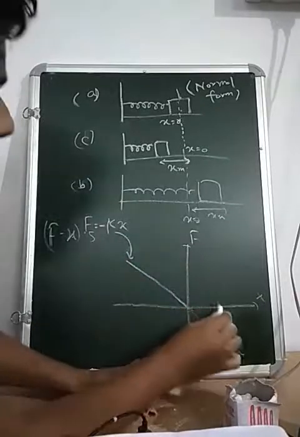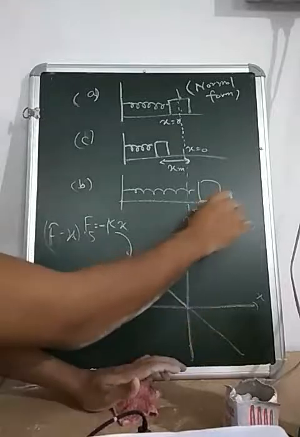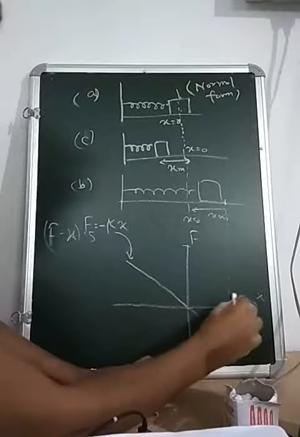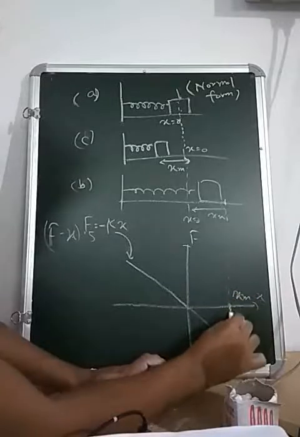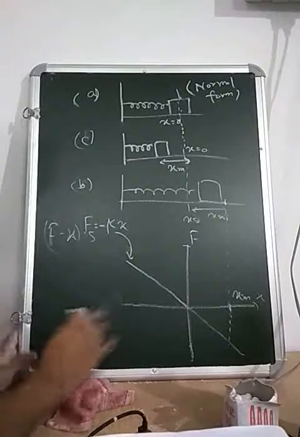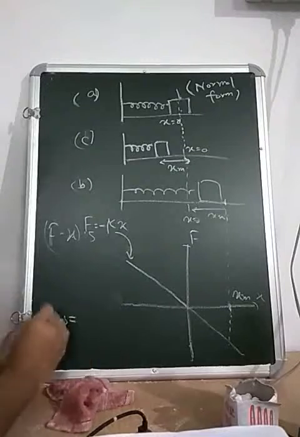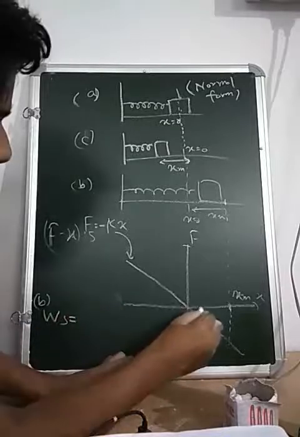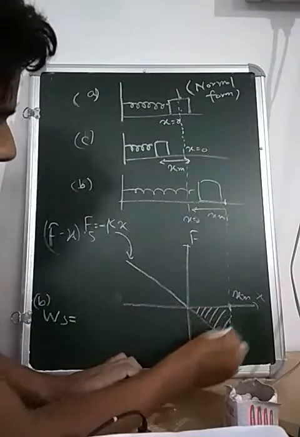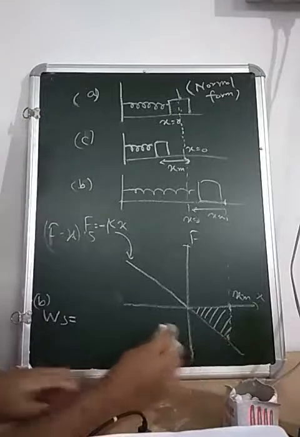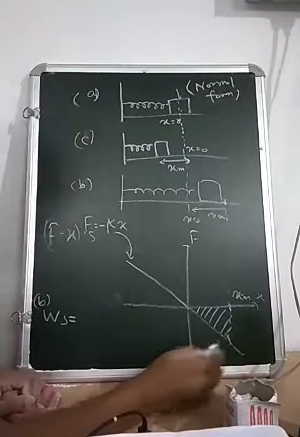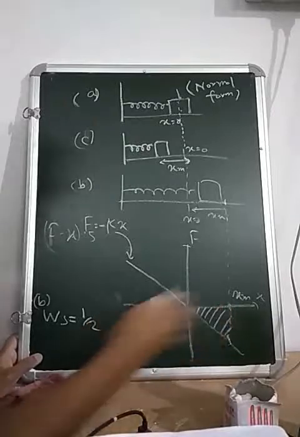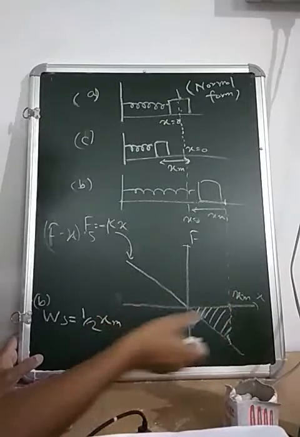So what is the work done due to this expansion? For xm position, see this is xm position. What will be the work done by the spring in case B? It will be the area under this graph. So how do we find the area? Half into base. Base is this x coordinate xm, into height.